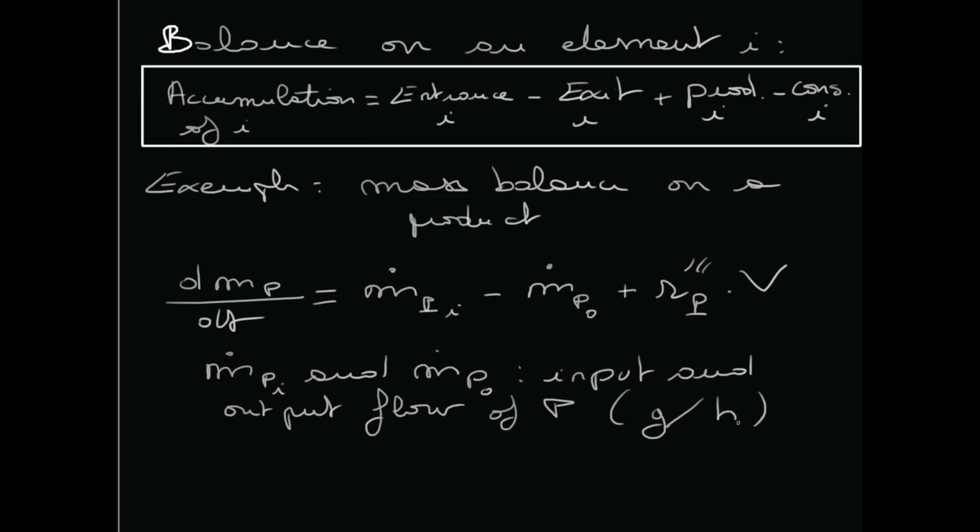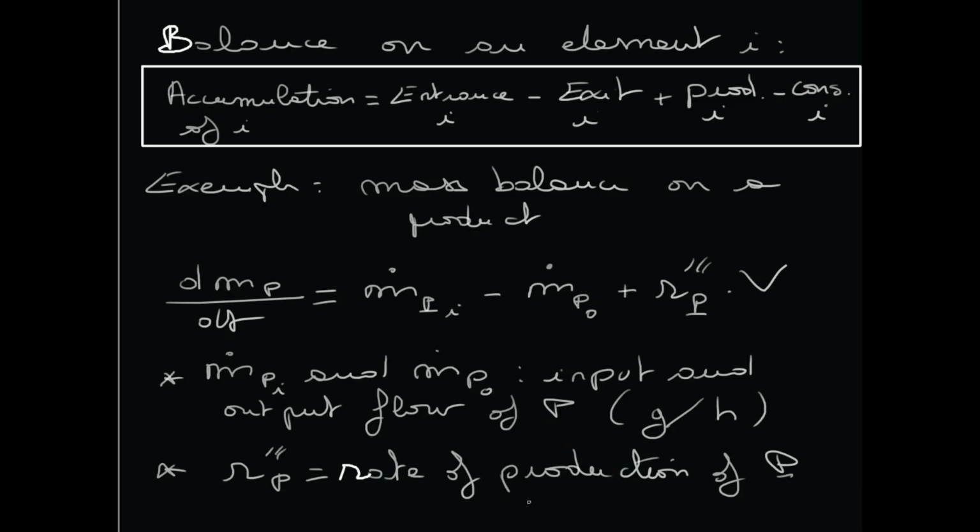The unit could be gram per hour, for example, because it's a mass flow. R triple prime P is the rate of production of P. It's a volumetric rate, so the unit is gram per liter per hour. That's why we have to multiply it by V in the equation to be homogeneous. All the terms are in gram per hour, for example.